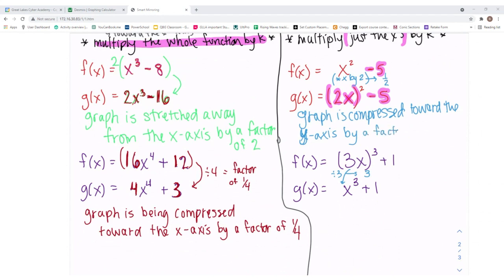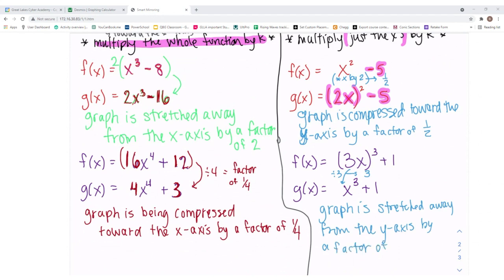And then this one, the graph is stretched away from the y-axis by a factor of 3. Weird, right? It's kind of like all sorts of weird.